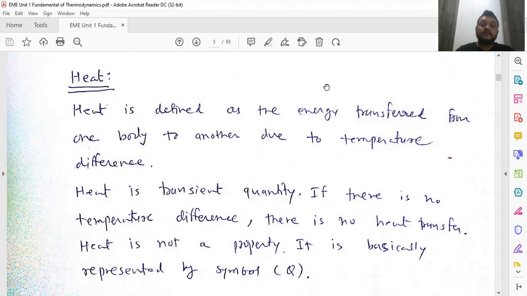So in both kinds of things, if heat is converted into work, it is called a power producing mechanical element. And if work is converted into heat, then it is called a power consuming mechanical element.